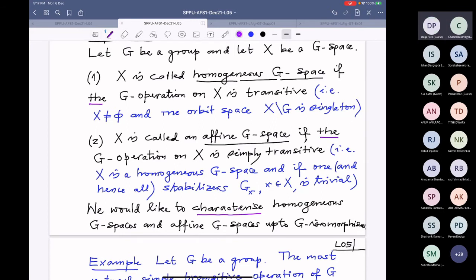She says there is only one cyclic group up to isomorphism of a given order. What is that group? Zn, integers modulo n. Very good, Sonakshi.